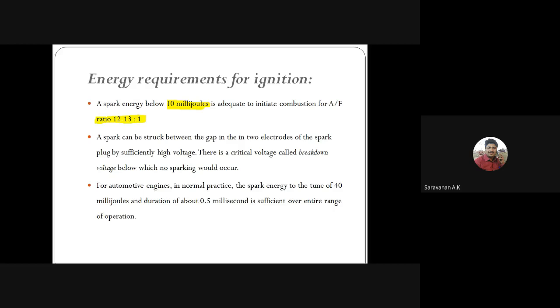In most automotive engines, we require 40 millijoules at a timing period of 0.5 milliseconds to burn the air fuel mixture.